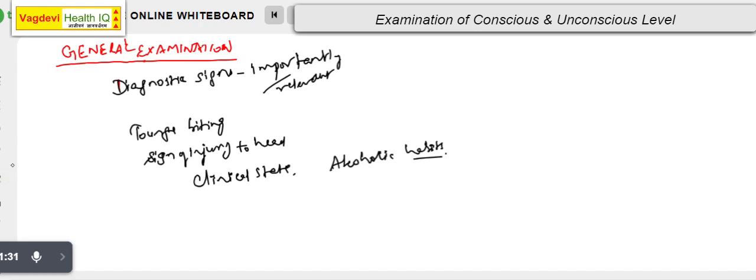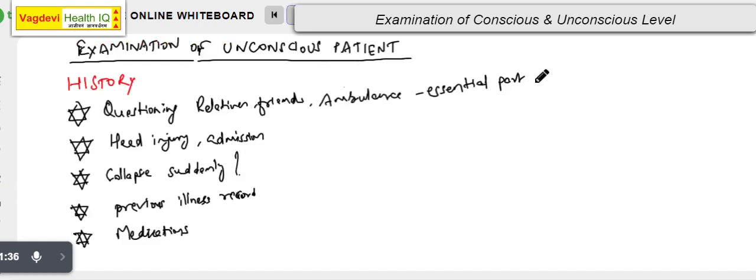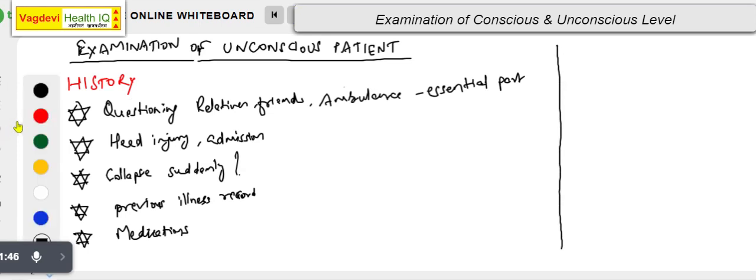So this is how you have to write in your examination for an unconscious patient. I'll go to the previous board if I have time. If I have a place, I'll just note it down, don't worry. How you have to write in points.